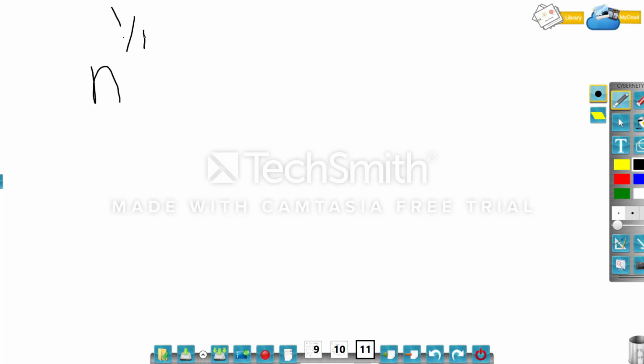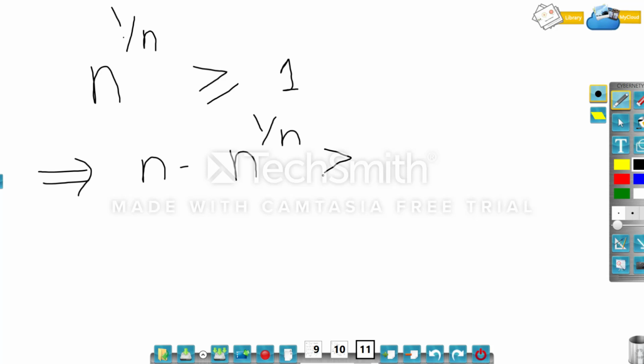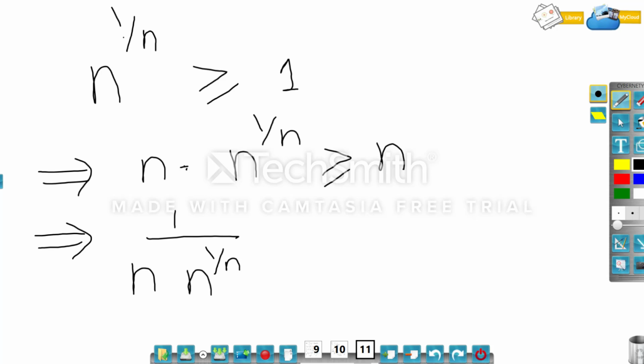That would imply n multiplied by n to the power 1 by n is always greater than or equal to n. Since n is positive, by multiplying, the inequality remains same. If n is negative, then the inequality will change. That would imply 1 upon n raised to 1 by n is less than or equal to 1 by n. When you take a reciprocal, the inequality changes.